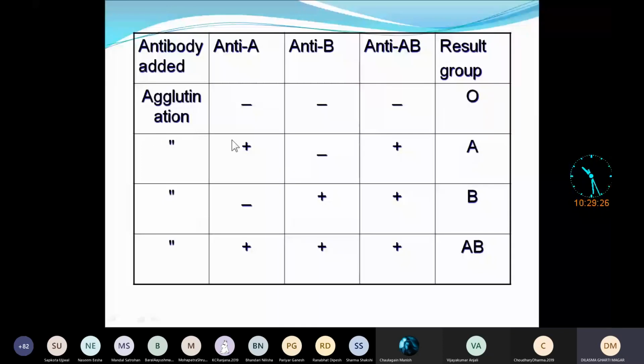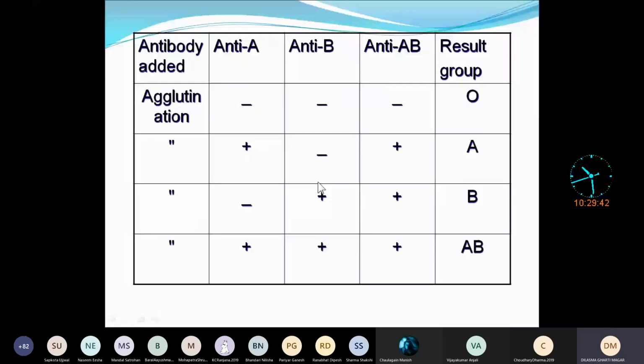Now you see after that, where the blood and the anti-sera A were added, there is negative. And where anti-B was added, it is positive, it is showing agglutination. In case of the anti-AB also, there is agglutination, isn't it?